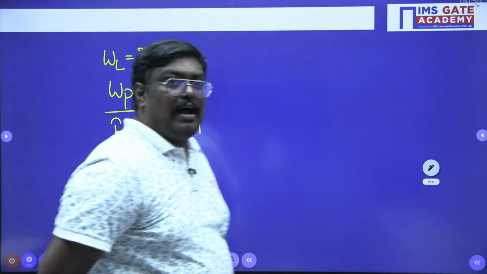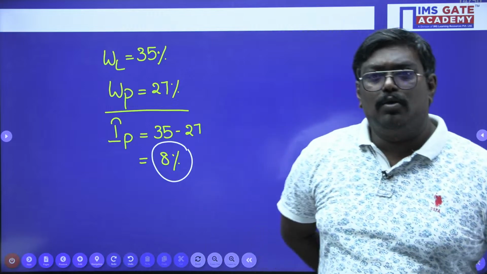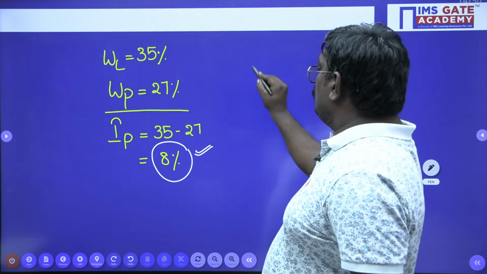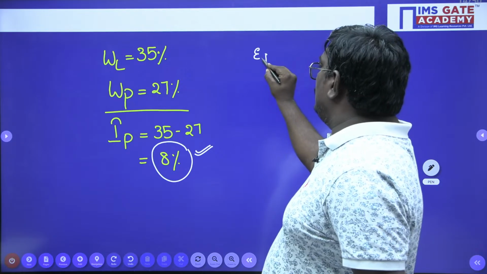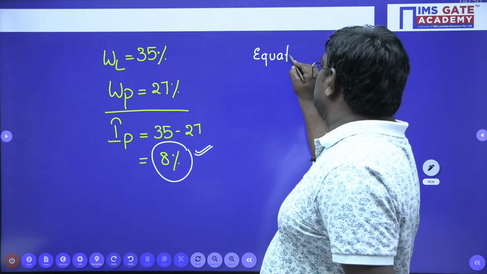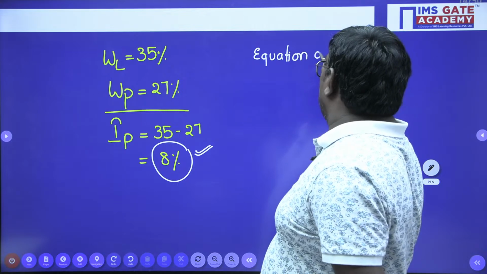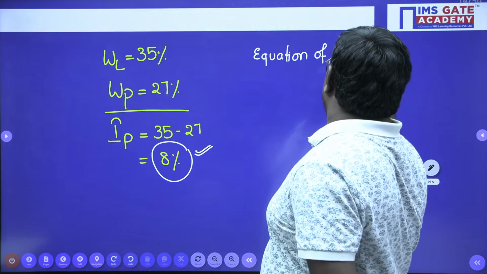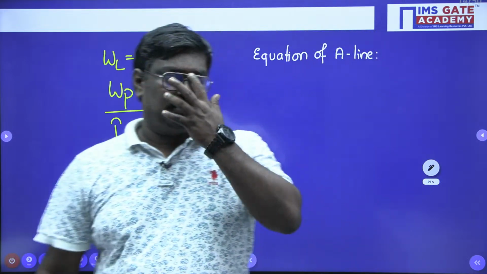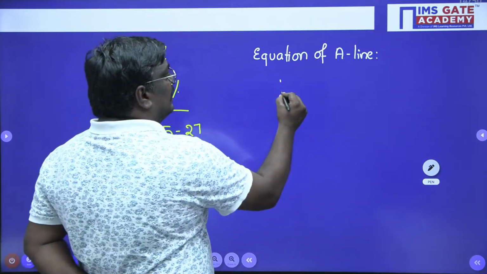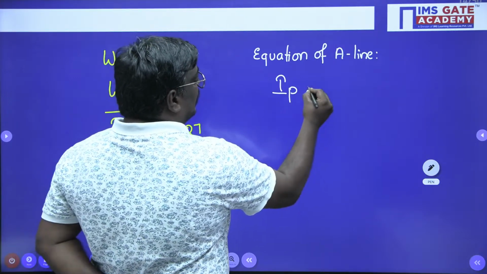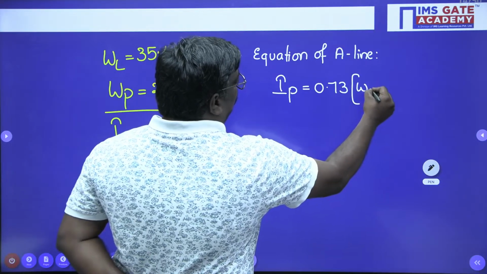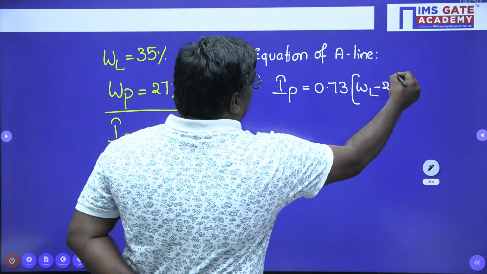What is the value of IP, my dear students? Very good, Srujana, very good. So IP is 8 percent here. Now, if you see the equation of A line, my dear students, the A line equation is IP equal to 0.73 into (liquid limit minus 20) percent.